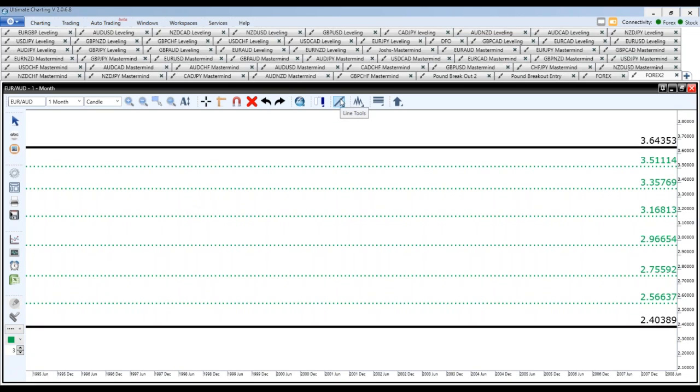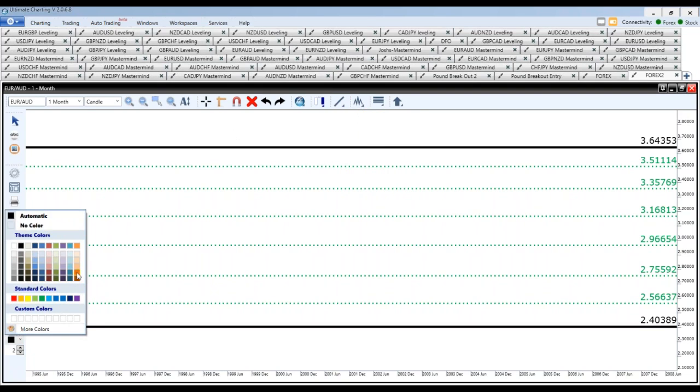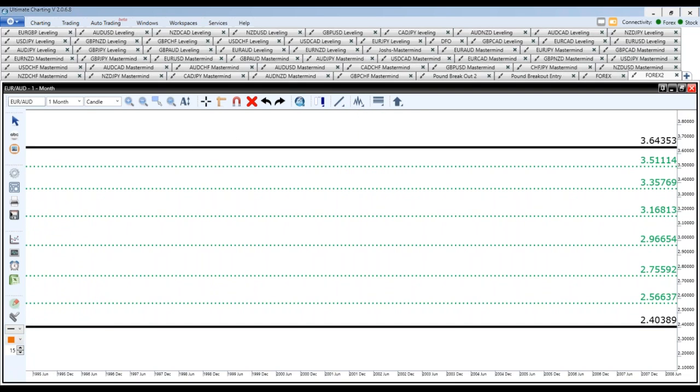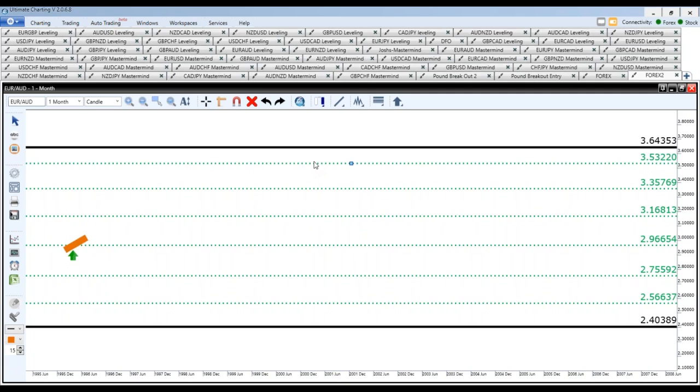Now, when you analyze the market, and the market begins to move, let's just call this orange line the live market, and for whatever reason, you decide to buy the market. How grid trading works is the distance between each level is a specific number of pips.